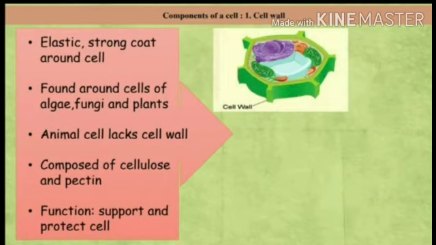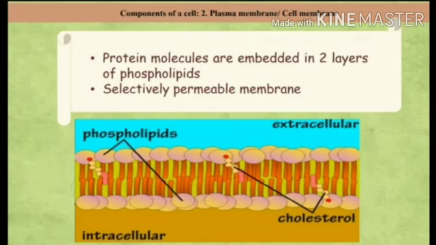Afterwards, polymers like lignin, suberin, cutin are added in the cell wall as per need. Now the functions of the cell wall are to support and to protect the cell by preventing entry of excess water in the cell. Now the second component is plasma membrane or cell membrane.